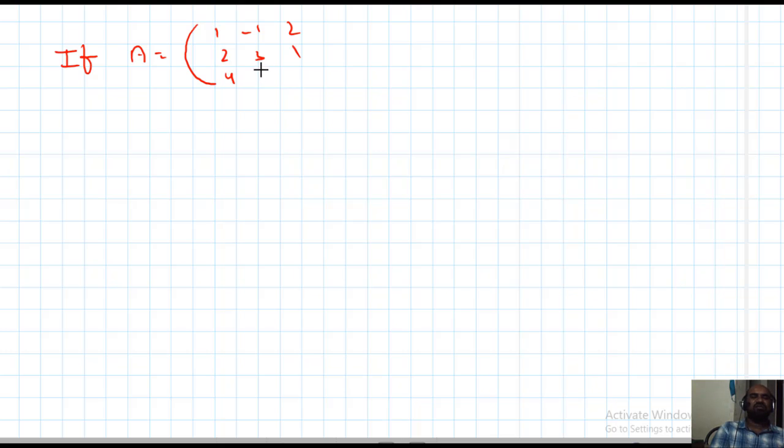Listen, students. If A is equal to 1, minus 1, 2, 2, 3, 1, 4, 0, for my convenience I am using integral values only here. To find the minor of each element is very difficult, no?